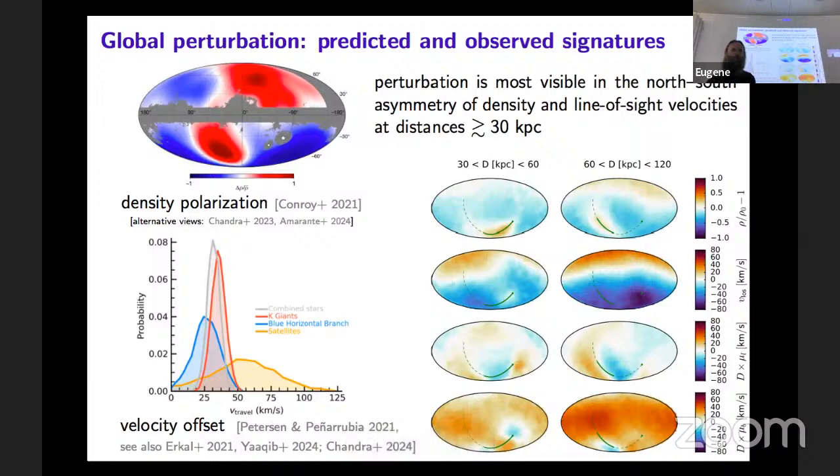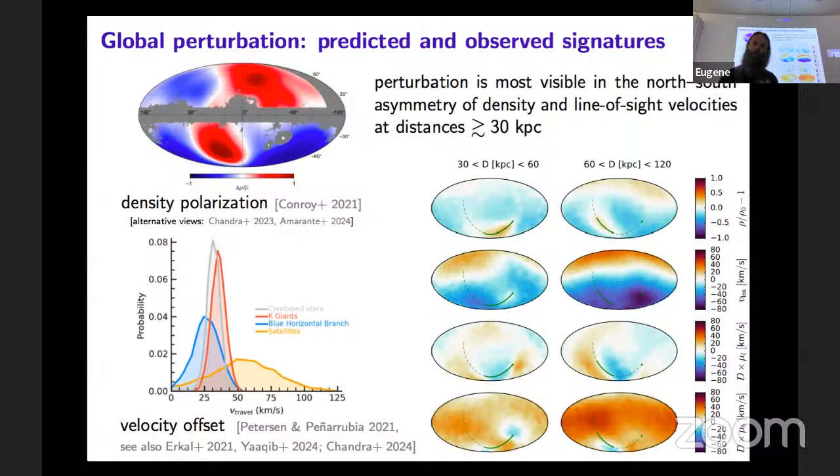Although for the density, it's even harder to measure it reliably because, unlike velocities, the densities are affected by your survey design. If you look mostly in the north, of course, you'll see things in the north, but you have no way to compare whether it's more density or less density. In addition, there are structures in the sky, in particular the Sagittarius stream itself, which is a very prominent feature, and it has to be excluded in order to study the density enhancement.